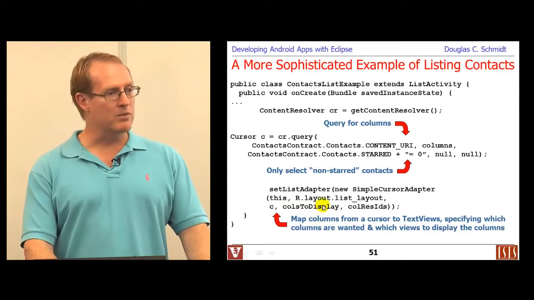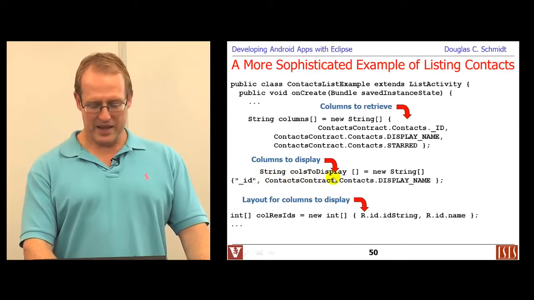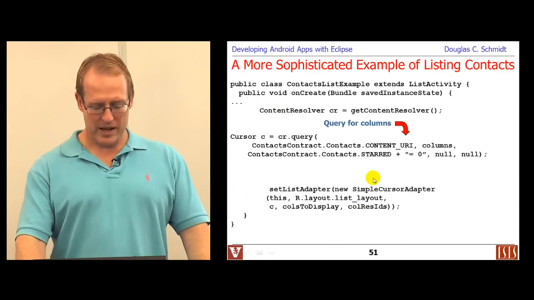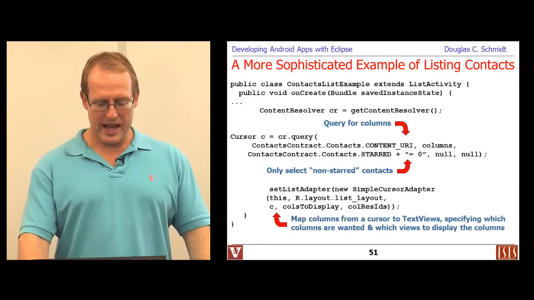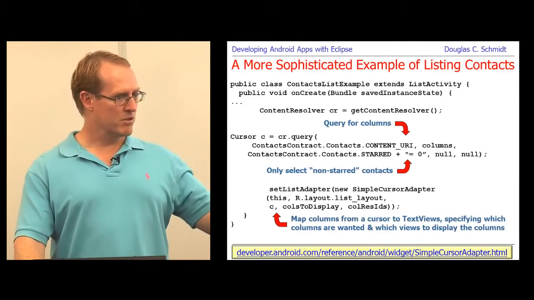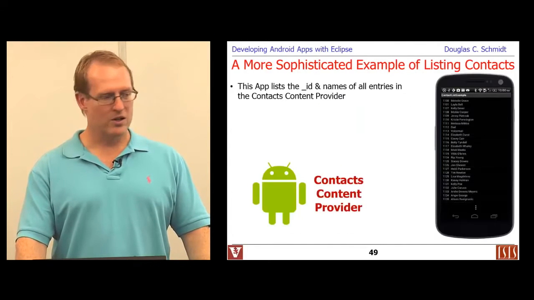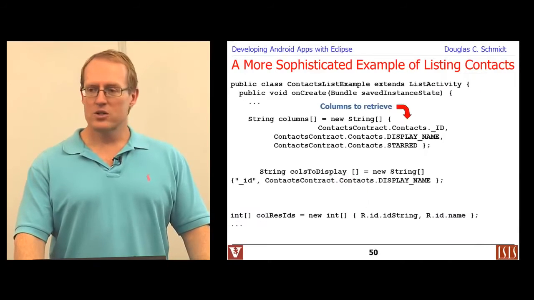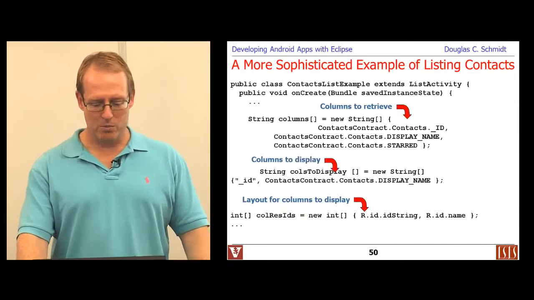Then we give the columns we want to have displayed, which, as you can see, were the ID and the name of the person, as well as the resource IDs, which is kind of the type information for these things. And that goes ahead and displays the results that we saw before. So that will give us this particular display. So you can see getting a single column or getting a group of columns is really pretty straightforward, more or less the same kind of thing.